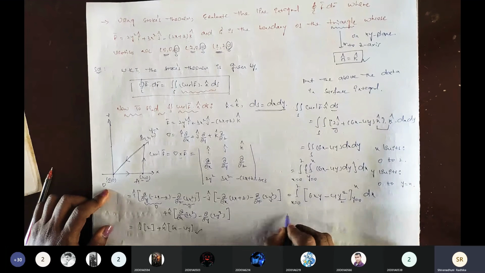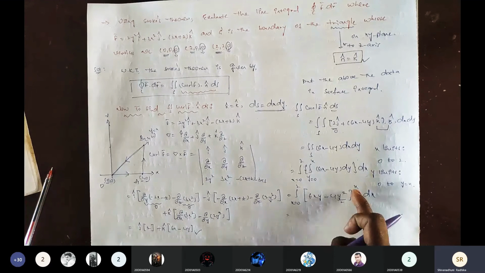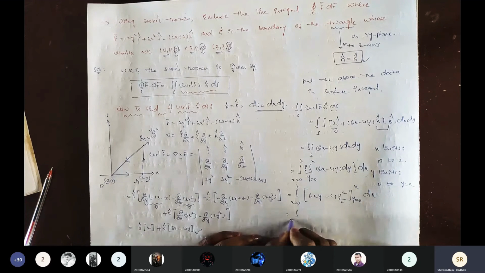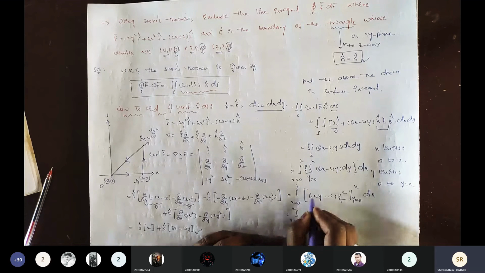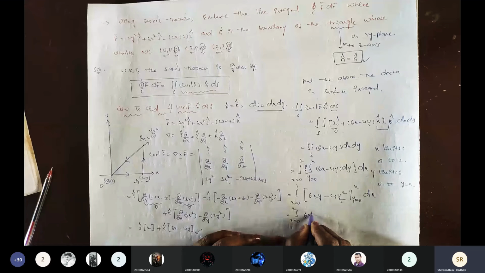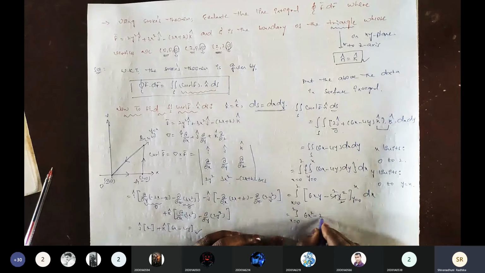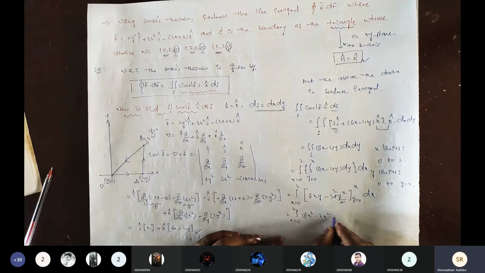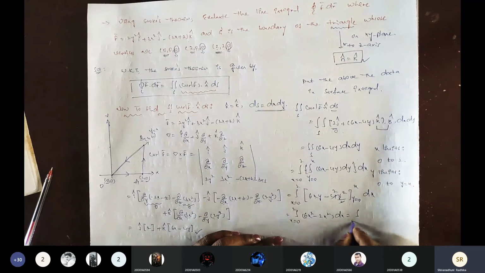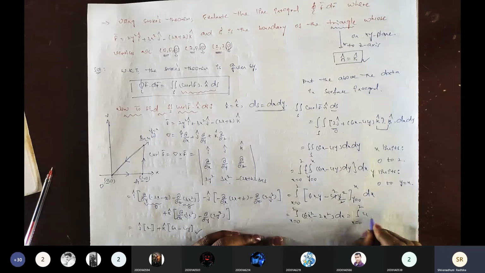Now substitute the upper and lower limits. The upper limit is x. So 6x into y equals x gives 6x square. Here the 2 cancels: 2 twos are 4. With y equals x, 2x square dx. So integration from 0 to 2 of 6x square minus 2x square is 4x square dx.